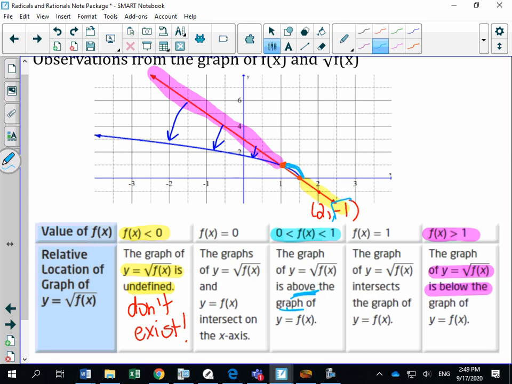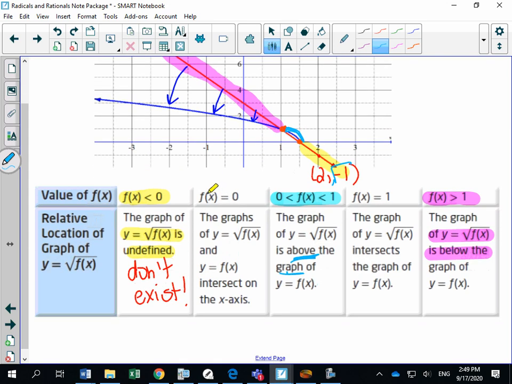So remember I said we have to curve that guy? So in between, so my original graph, between 1 and 0, my radical graph is a curve above. And then this is asking, well, what happens when y is 0 and when y is 1? So hopefully we know by now when y is equal to 0 and y is equal to 1, those are our invariant points. And they're going to be the same on both the original graph and the radical graph.